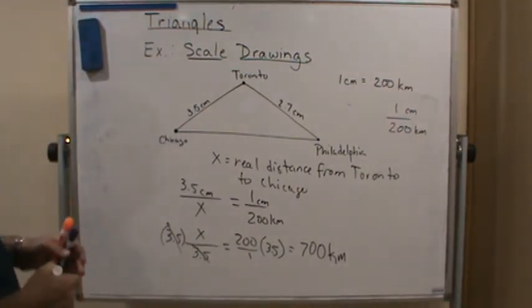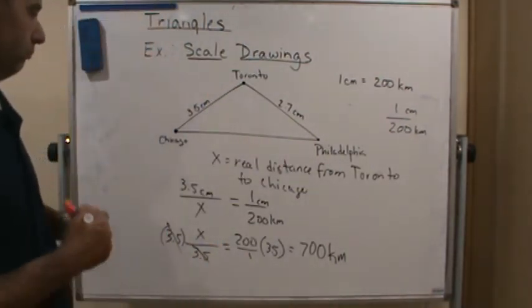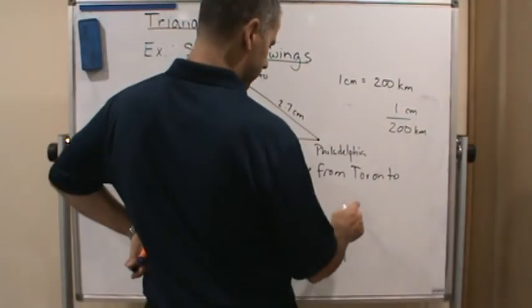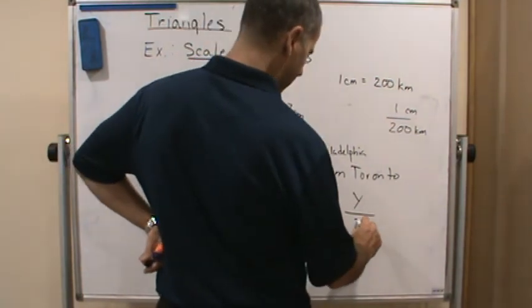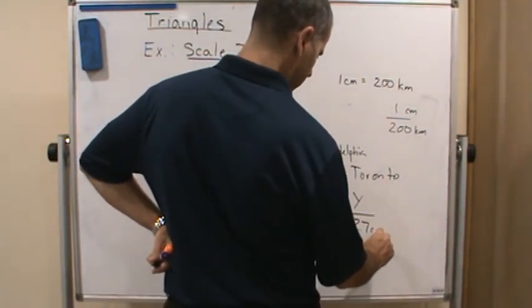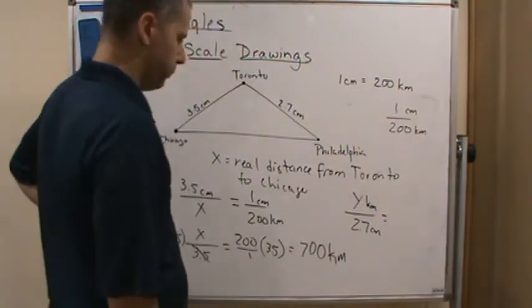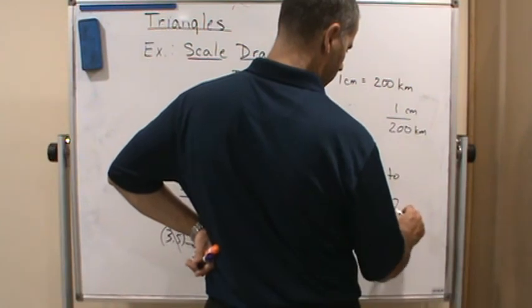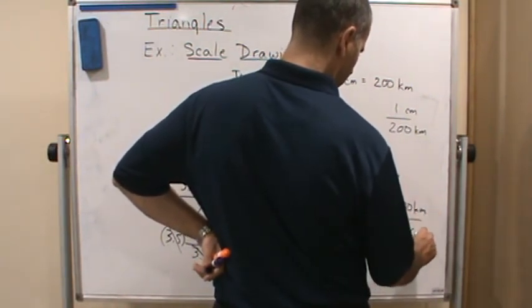Now I do the same thing for the distance between Toronto and Philadelphia. If I make the true distance y, then I can do y kilometers over 2.7 centimeters, which would have to equal 200 kilometers over 1 centimeter.